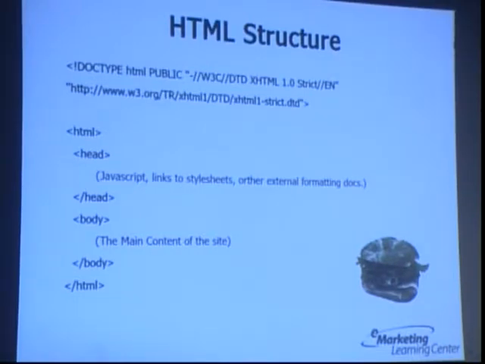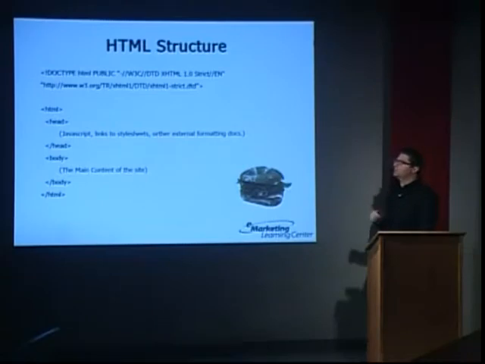When you see rotating items on a web page, those are usually based on external scripts being pulled in. Those are in the head of the document. And the body is the main content of the site. That's what you really see. The majority of what we're going to do this evening is going to take place inside the body of the document.